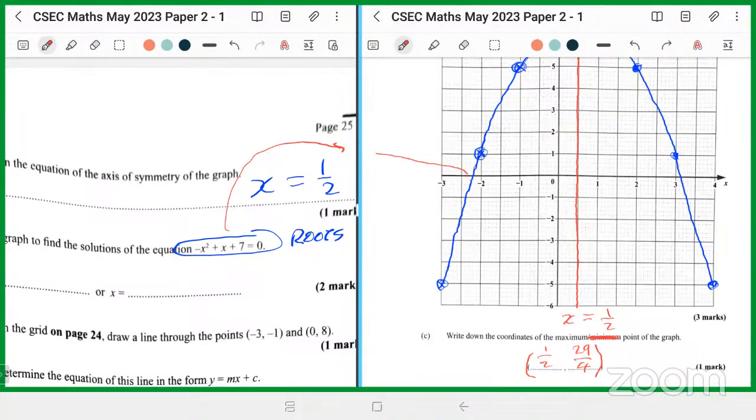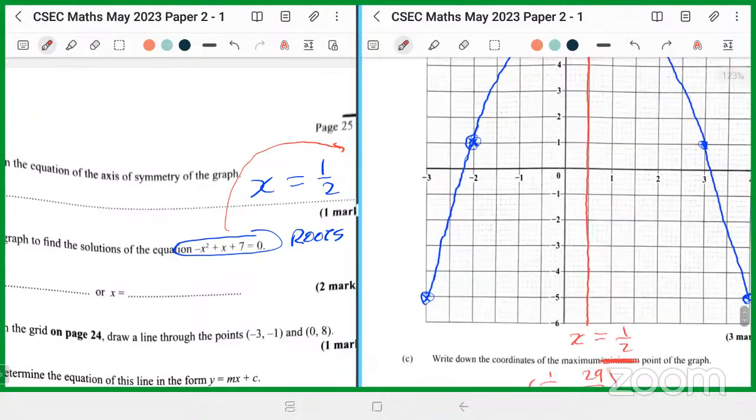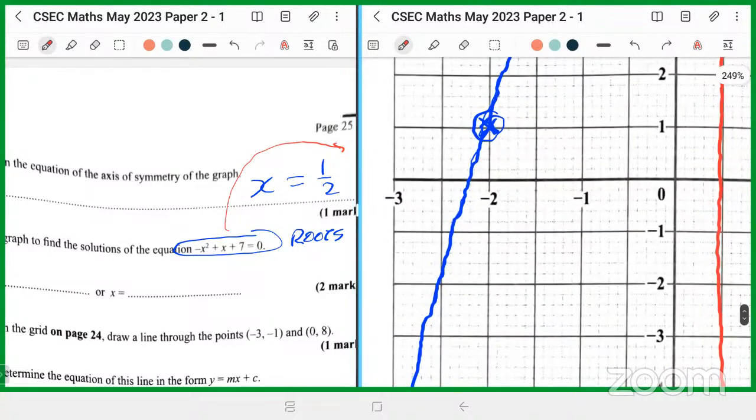So if you look at this point, let's look at it carefully now. Look at the scale properly. There are 10 small lines between -1 and -2. So it means that each small line is 0.1. This will be -1, this will be -1.5, this is -2.